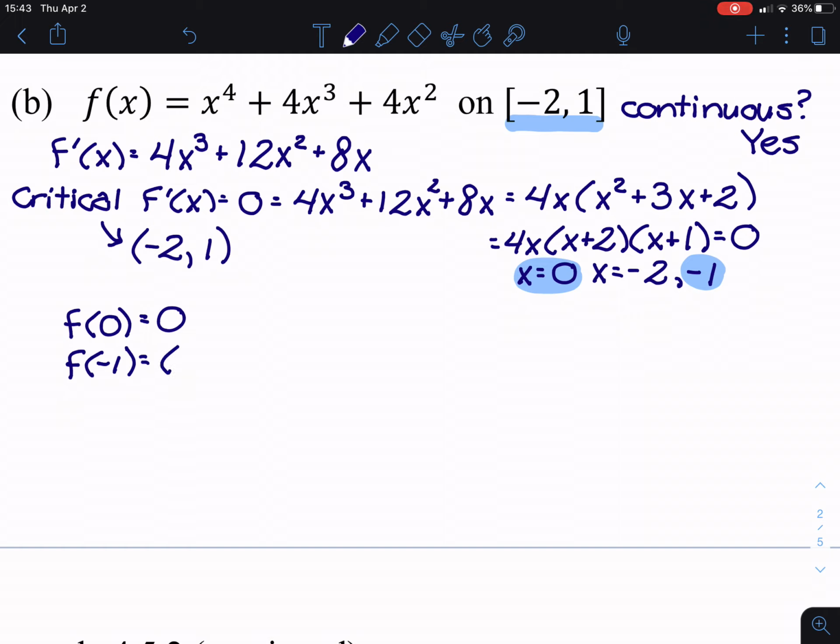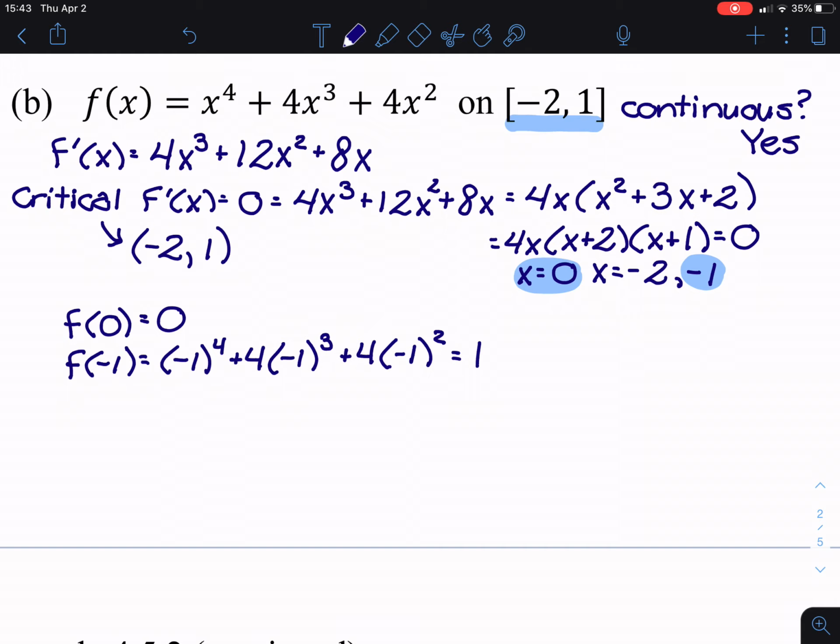So that's going to be -1 to the fourth plus 4 times -1 cubed plus 4 times -1 squared. So -1 to the fourth is +1 minus 4 plus 4. So that's going to be equal to 1.